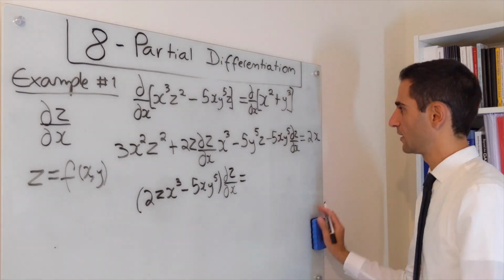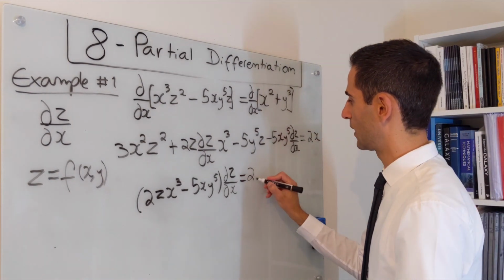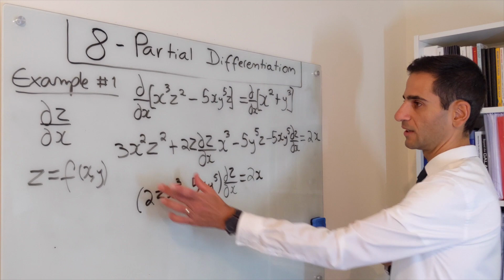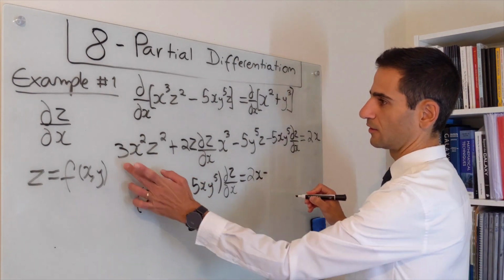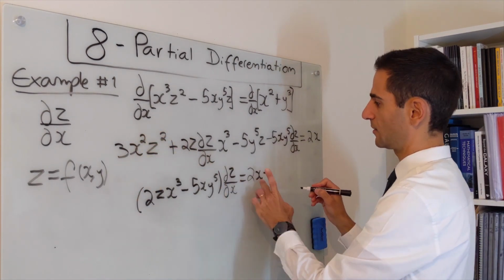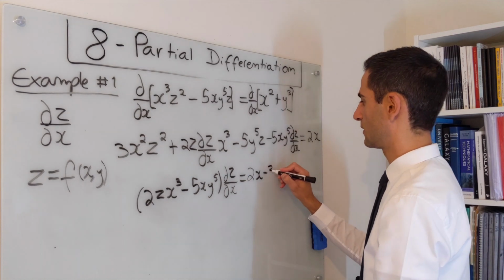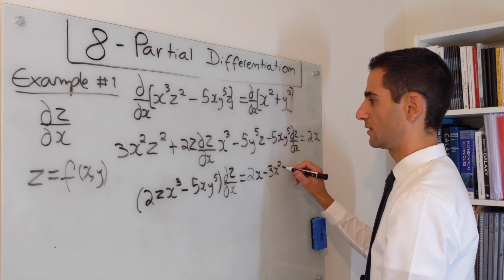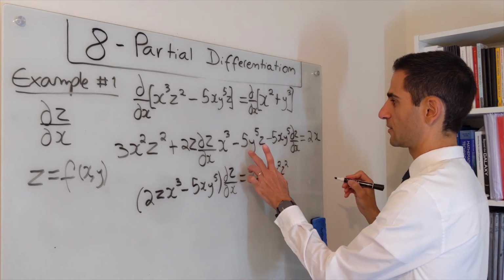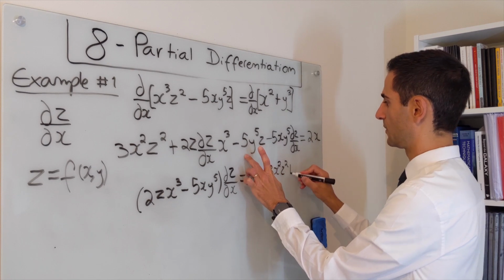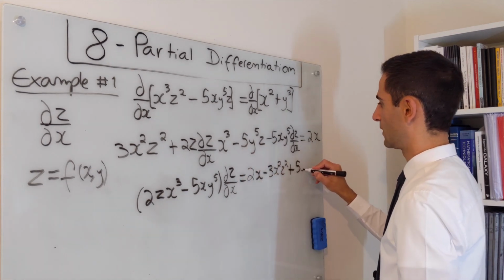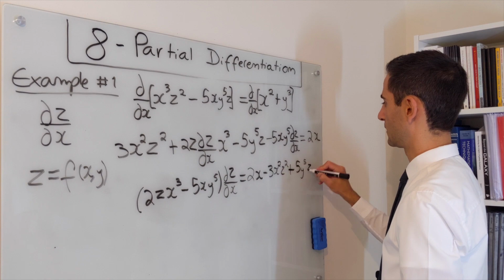And to the other side, we already have 2x. And we're going to take 3x squared z squared, minus, because we're taking it to the other side, x squared z squared. And there's also a term here that becomes plus 5y to the power of 5 z.